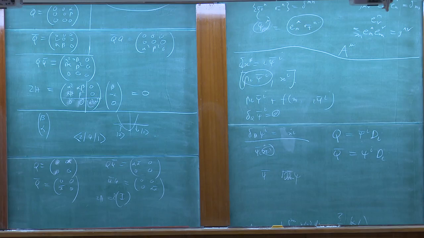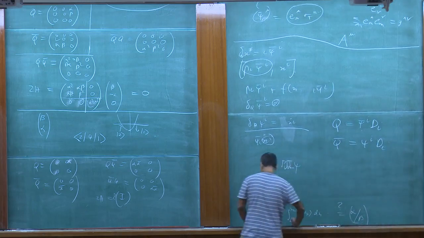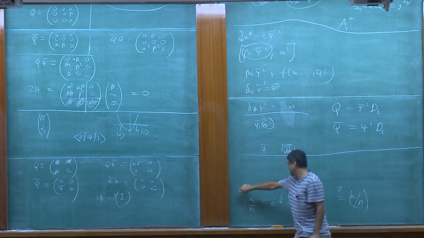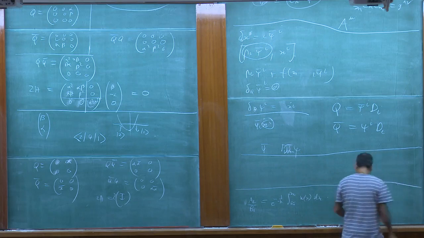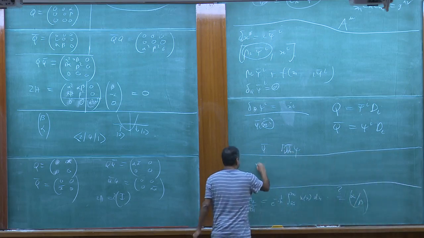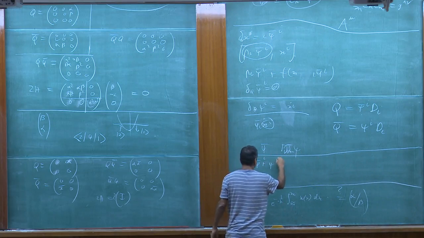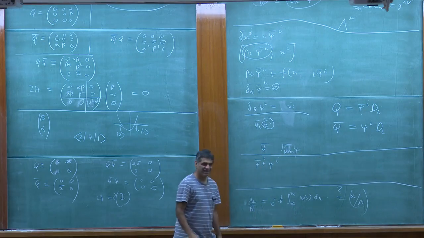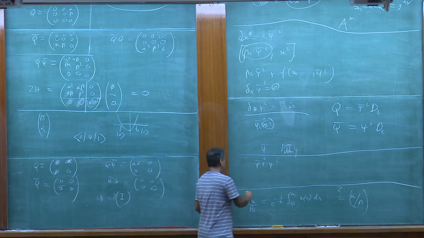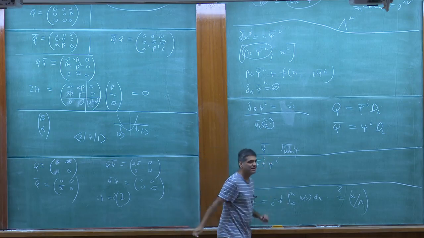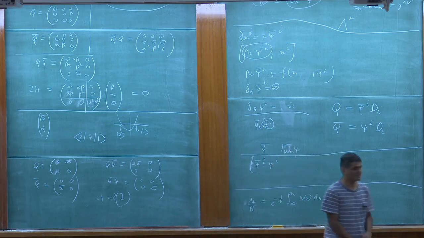Now, in this space, psi bar plus psi bar I plus psi I, okay, obeys all the properties, maybe by 2, obeys all the properties of a gamma matrix.